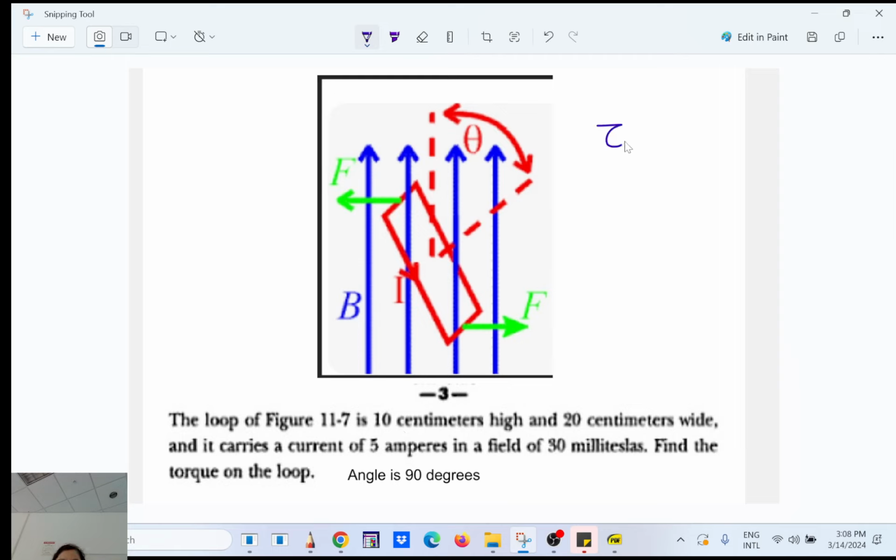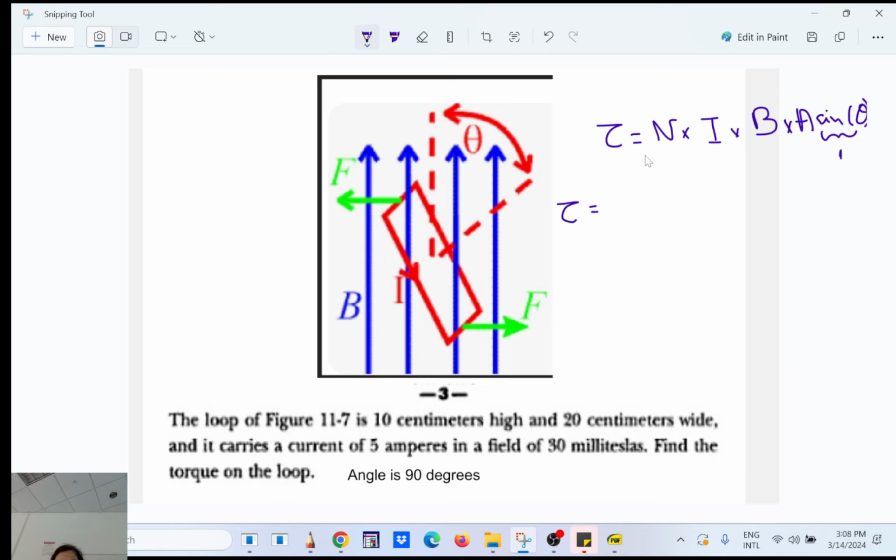Okay, so what's the torque? It's the number of loops times I times B. What else? Times the area times the angle between the thumb here and the magnetic field. But in that case, we suppose it's going to be 1.